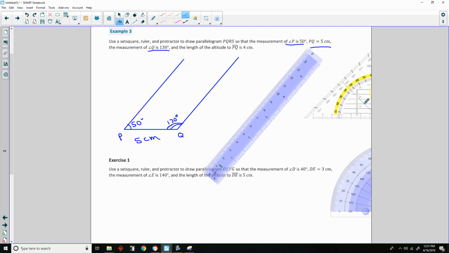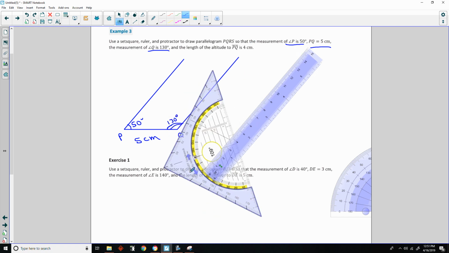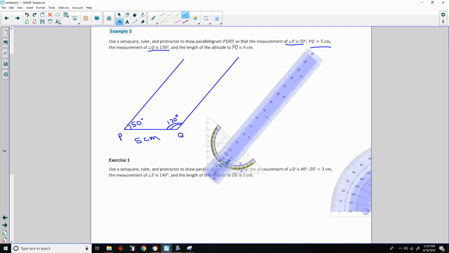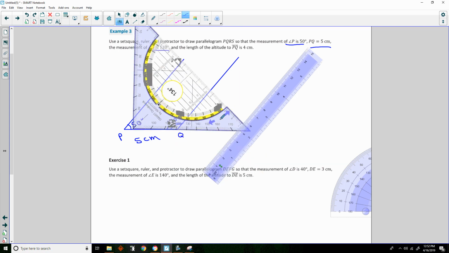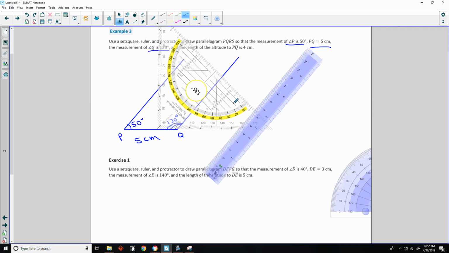So now I need to draw a perpendicular line using my square. So I'd rotate my square around like so. And put it right on the line, line that up the best I can right there, and then I would draw a vertical line from here up like so.